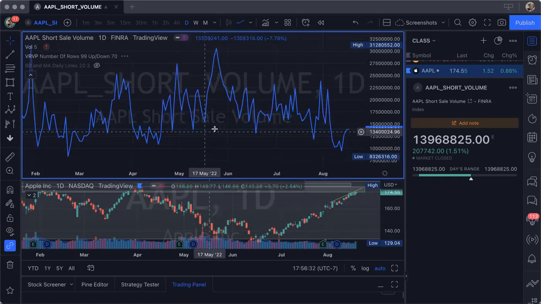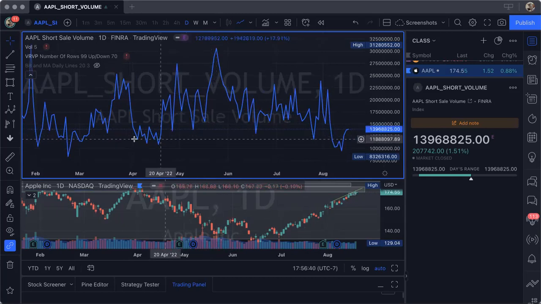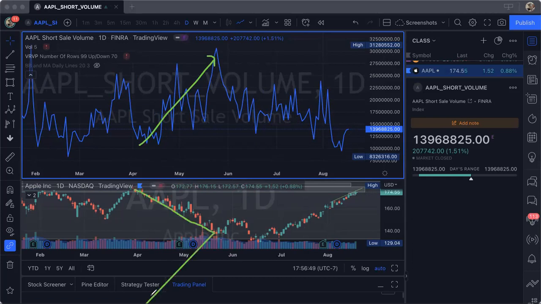All right, so look, I know that my chart's not completely perfectly lined up, but what you can see here is from here to here, to here, you have a very extreme large group of shorts that piled in, right? That makes sense.